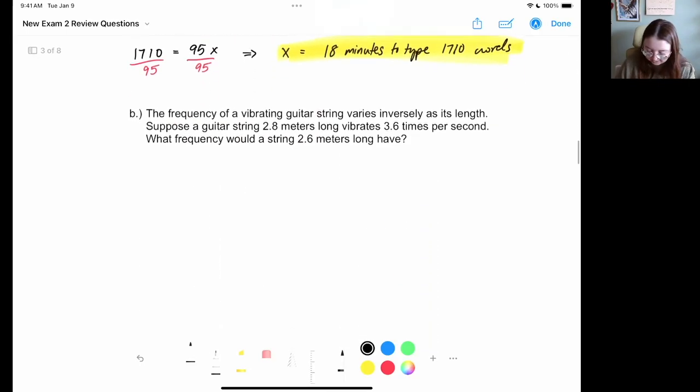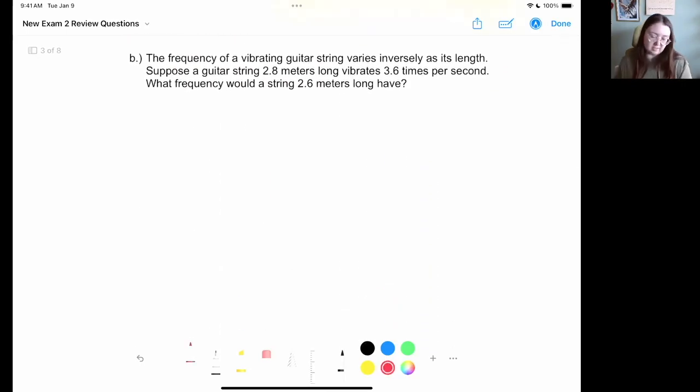Now we're going to go on to the indirect variation. For this one, we were talking about a vibrating guitar string, and the frequency varies inversely with the length. So our indirect variation has an equation as well. Indirect variation is y is equal to k divided by x. So this makes it much more fractional in this case.